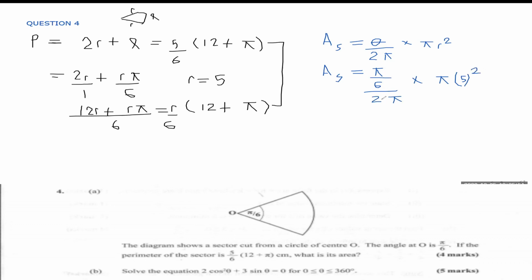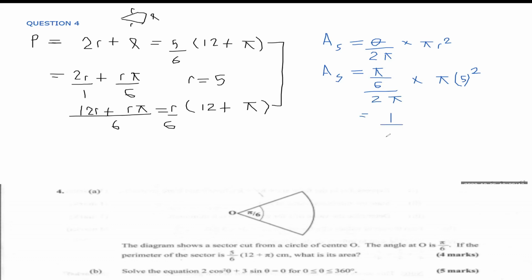Now pi/6 divided by 2 pi, let me see. I'm getting 1 over 12, and 5 squared is 25.